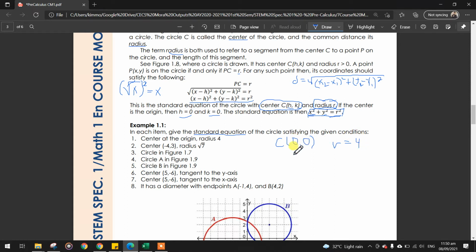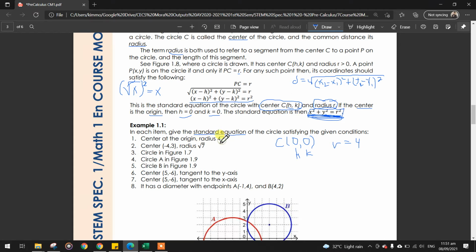So 0 is our h, and 0 is our k. We substitute these values of h, k and r into our standard equation. Remember again, if our center is at the origin, 0, 0, so h and k are 0, we can simply use this formula, x squared plus y squared equals r squared.